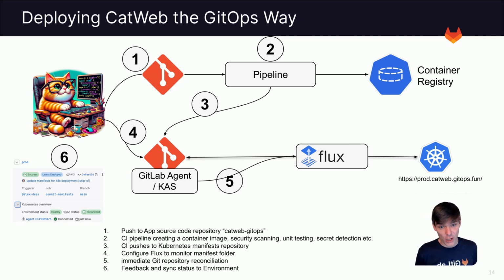Therefore, the agent, the server-side component, detected that there was a push to a monitored Flux resource and notified Flux via a receiver to do an immediate reconciliation of the repository. And therefore, we've been able to access our application site prod.catweb.gitops.fun, which you can do now as well.